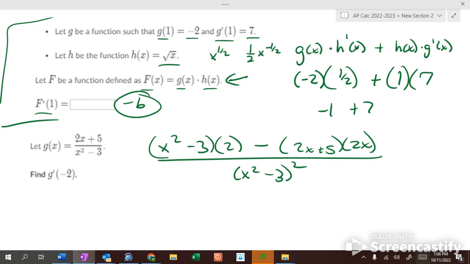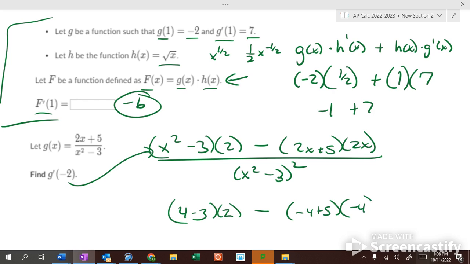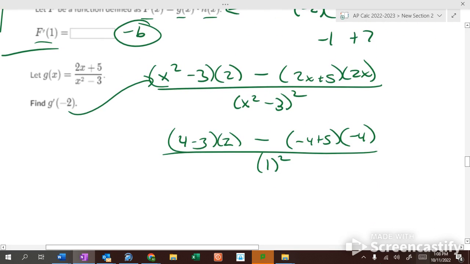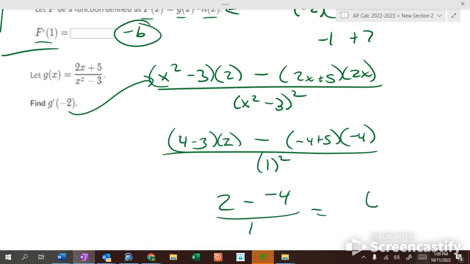So if we stick the negative 2 in right away, negative 2 squared is 4, 4 minus 3 is 1. Stick the negative 2 in here, we get negative 4 plus 5 times negative 4, all over negative 2 squared is 4 minus 3, which is 1 squared. So 4 minus 3 is 1 times 2 is 2. Negative 4 plus 5 is 1 times negative 4 is negative 4, so minus the negative 4 over 1, which is 6 over 1, which is 6.